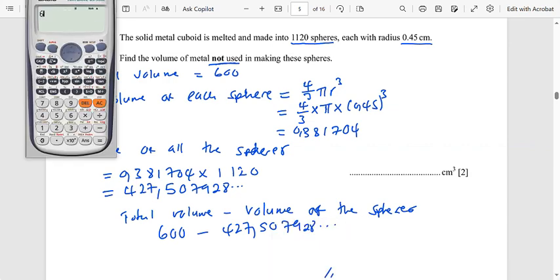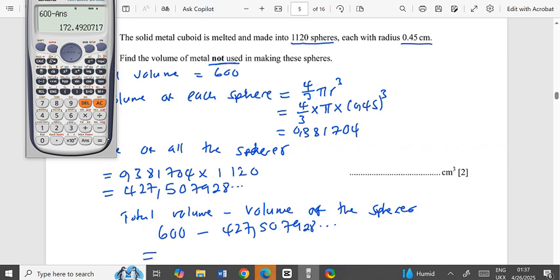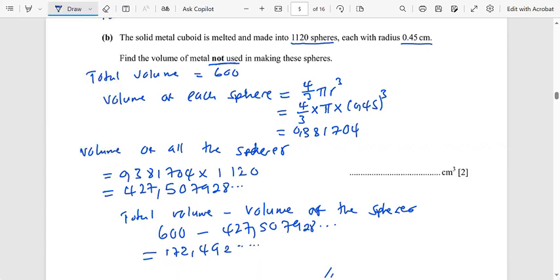So we're going to say 600, subtract our answer. We get a volume of 172.492 something. Then we will try to round this off to 3 significant figures.